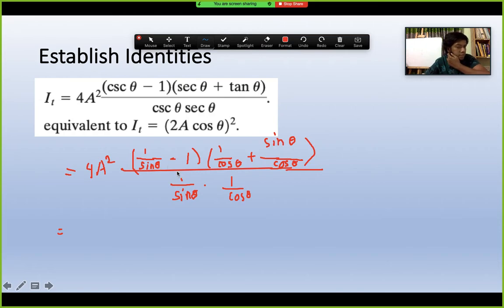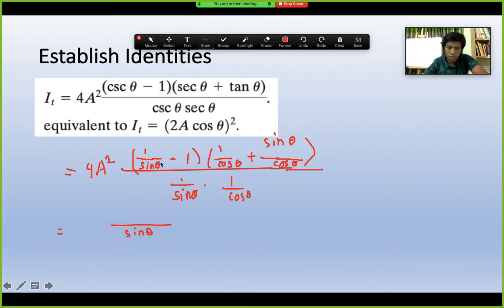Now see, this is 1 by sin theta minus 1. So if we just simplify it, it will become 1 minus sin theta. And let me write this thing this way, if you understand. See, this downside here is sin theta for sure.